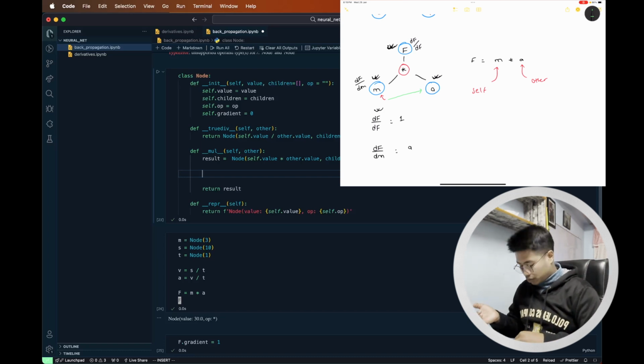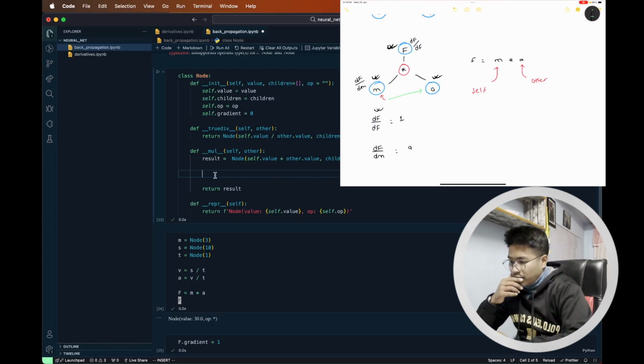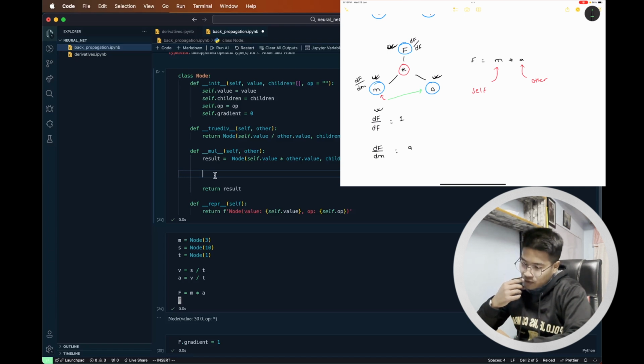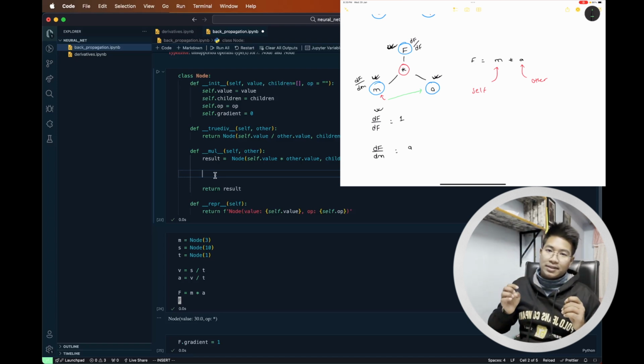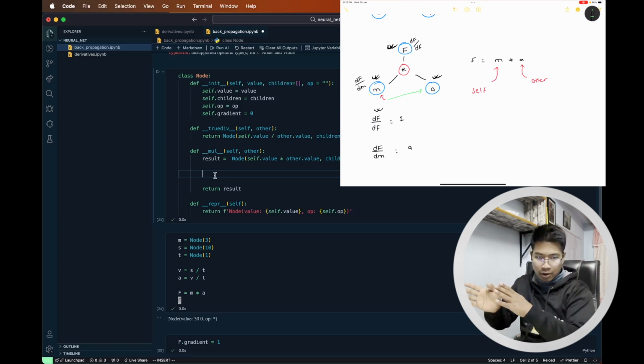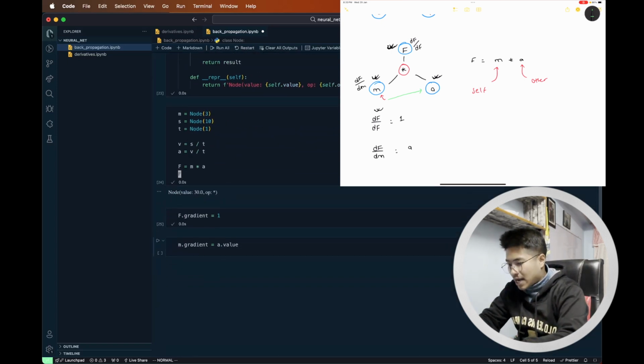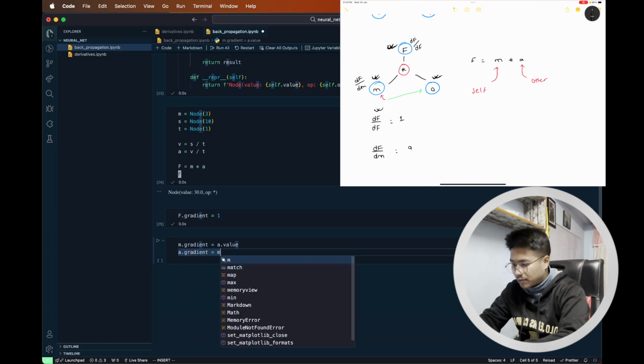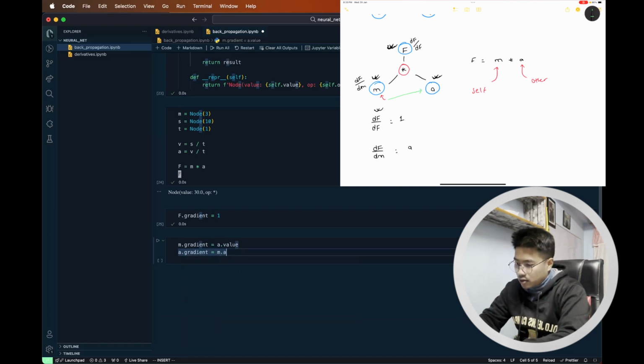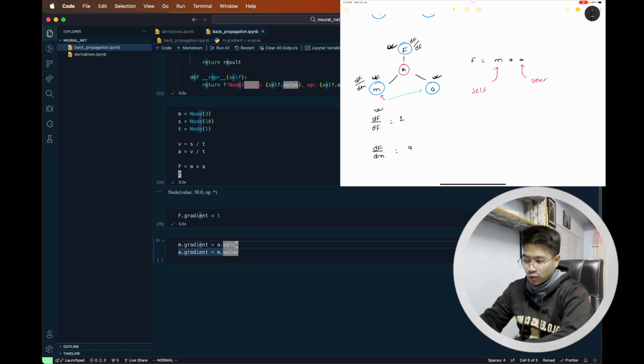So how would you do that then? For that, we need a way to say that node, okay, I want you to back propagate. So instead of doing m dot gradient is that and a dot gradient is m dot value, what I want to do is something like m dot back propagate.